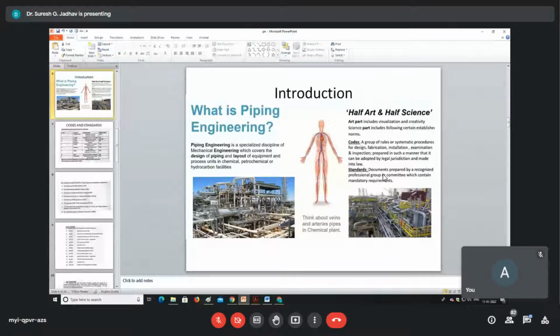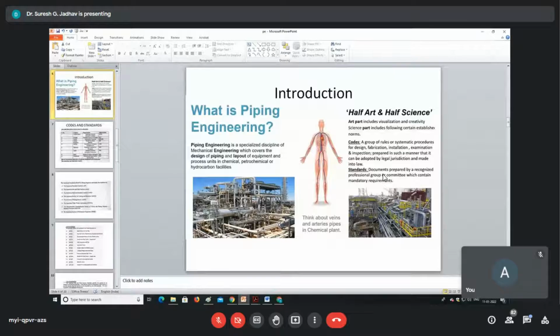We call it half art and half science. In art, it includes visualization and creativity. And in science, it includes certain established norms. These norms we call codes and standards. Piping is governed by international codes and standards.